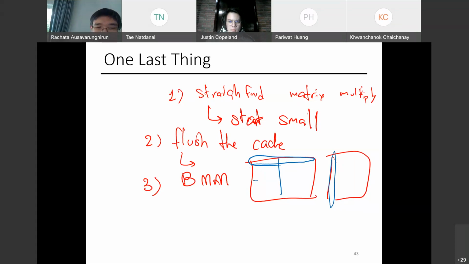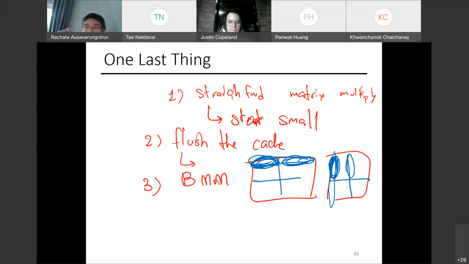It would first separate things into blocks and then do this part with this part first. Do this part and this part, followed by this part and this part, this part and this part. Basically, it would do one block at a time to make sure that the block would fit in the cache.